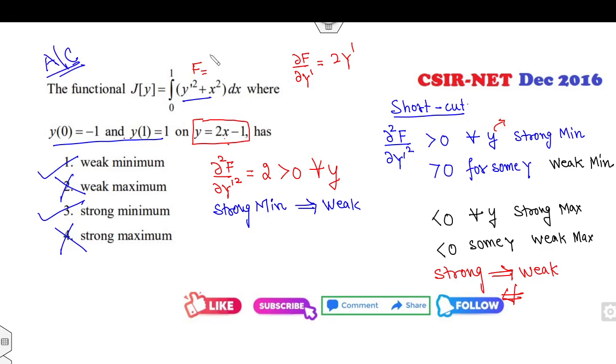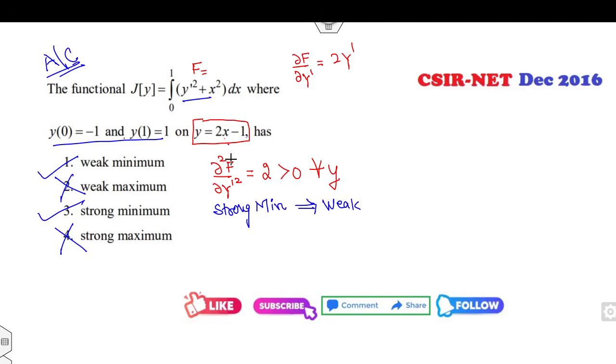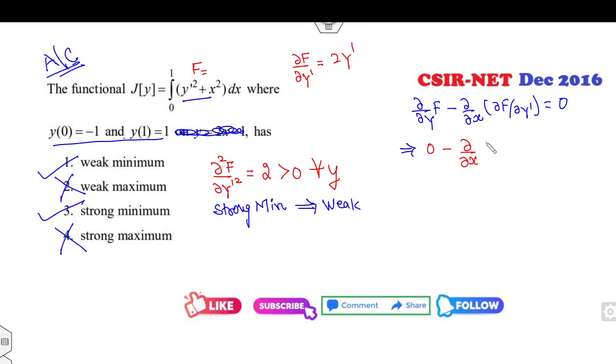Make sure, student, remember, if this condition is not given to you, then as usual you can start with this case: del f upon del y minus d by dx of del f upon del y dash is equal to 0. Then you can find this equation. Del f upon del y dash is 2y dash is equal to 0. That means y double dash is equal to 0.